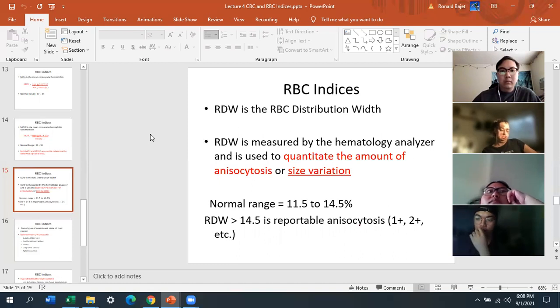If I gave you one of 16 point whatever, then make sure you put an H by it. Usually RDW doesn't fall on the low end. Usually if it's an abnormal RDW, it's outside of the range, it's usually high.